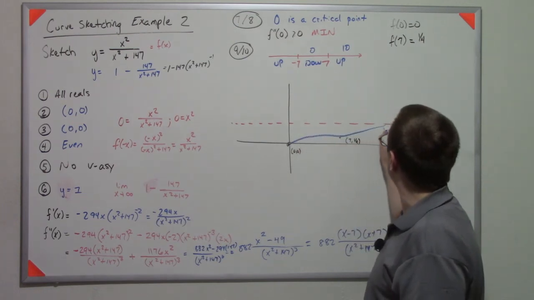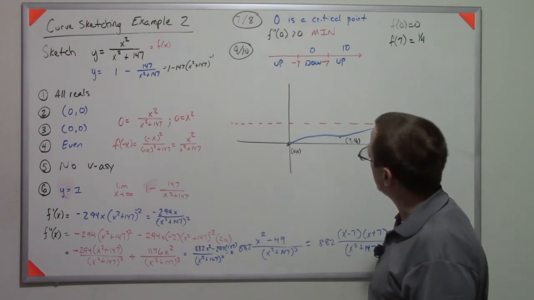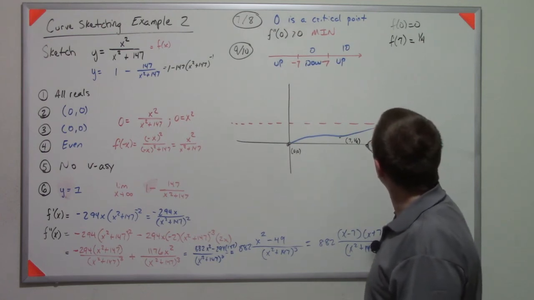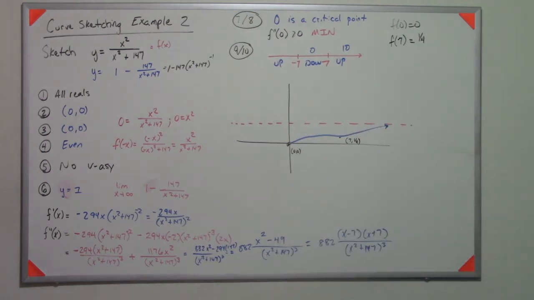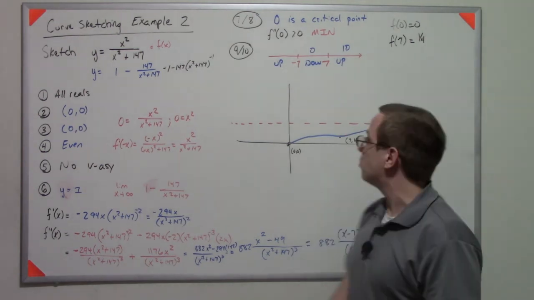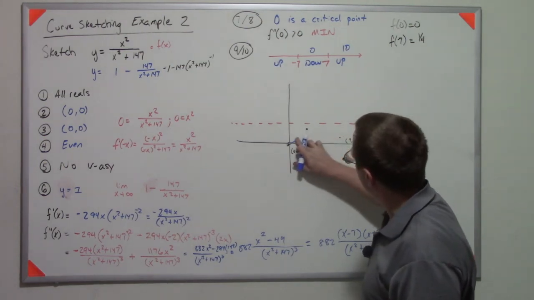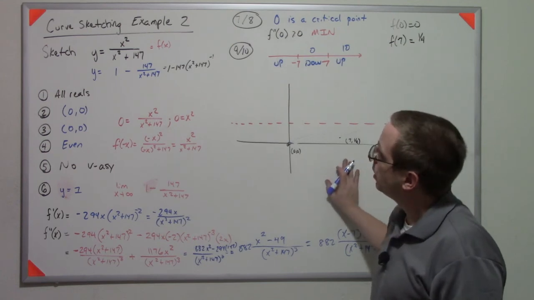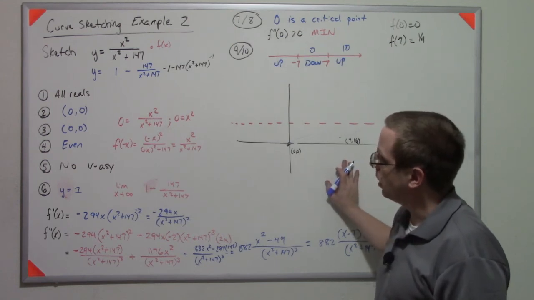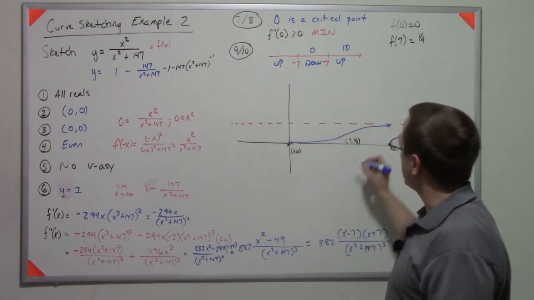And then it's up. That looks really odd. This shouldn't be right. My concavities are messed up. It's got to be up and then down. It's got to look like this.